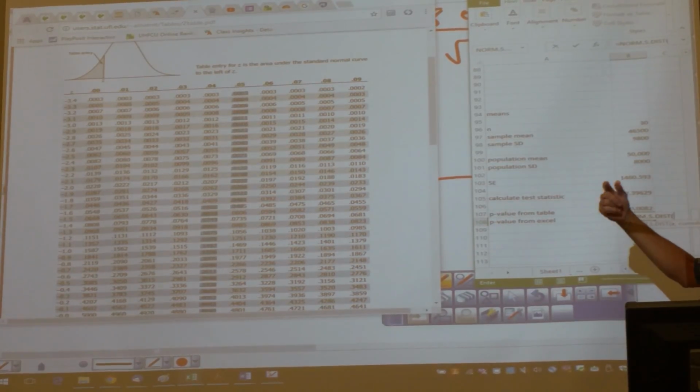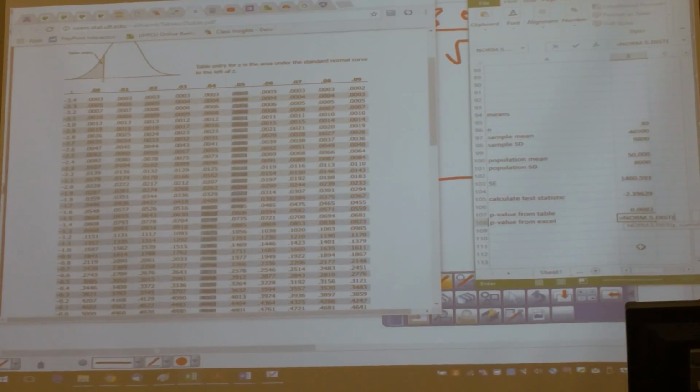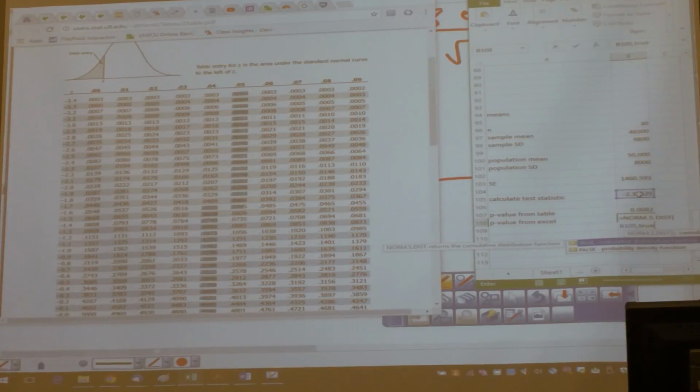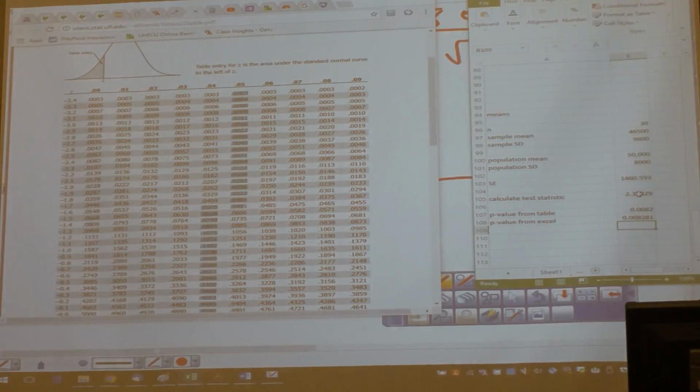The Z-score is the calculated test statistic. And I put in true. And see, it gives me 0.008281. Which means if I round it to 4 decimal places, they're not going to be quite the same.